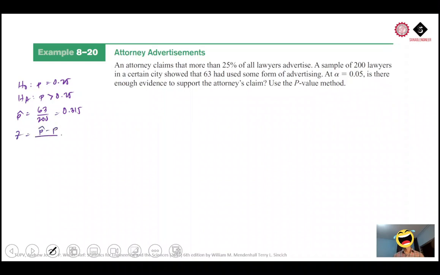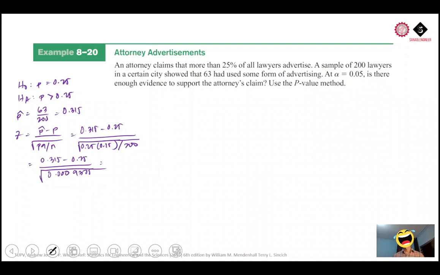It's 0.315 minus 0.25 divided by the square root of 0.25 times 0.75 divided by the sample size of 200. The value is 2.12.